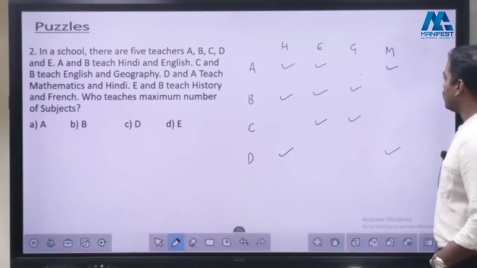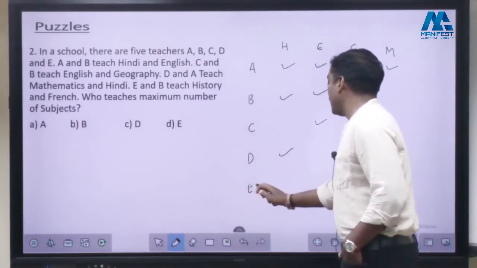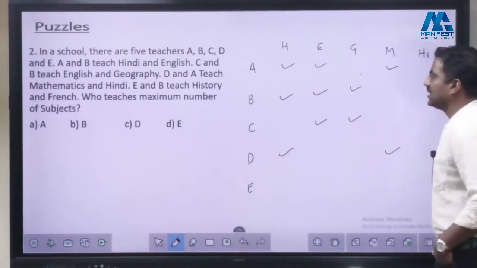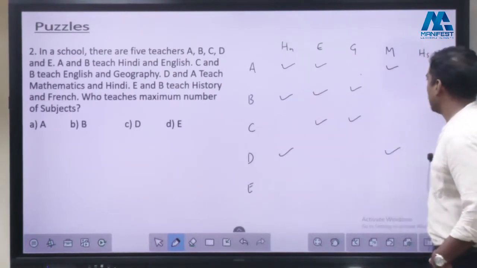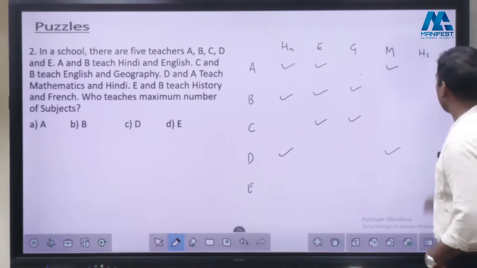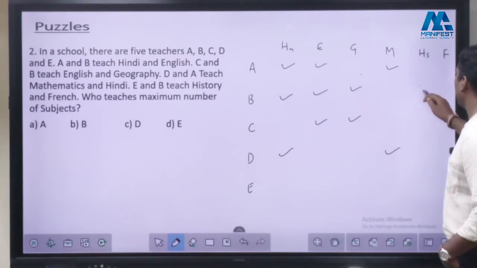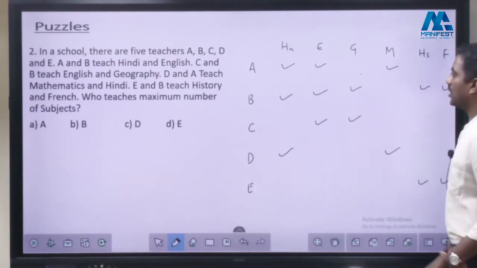E and B teach history. So for history, I am putting HS because already for Hindi we have put H. Okay. French. Who? E and B. Done?